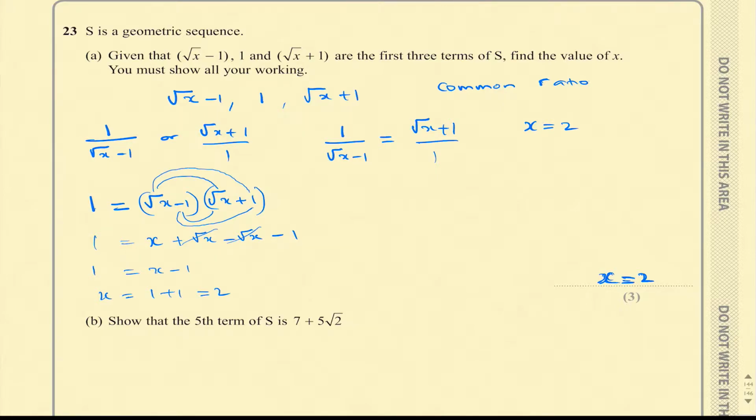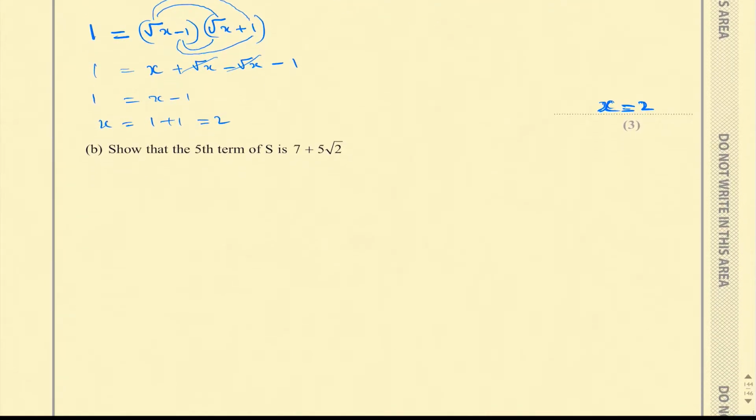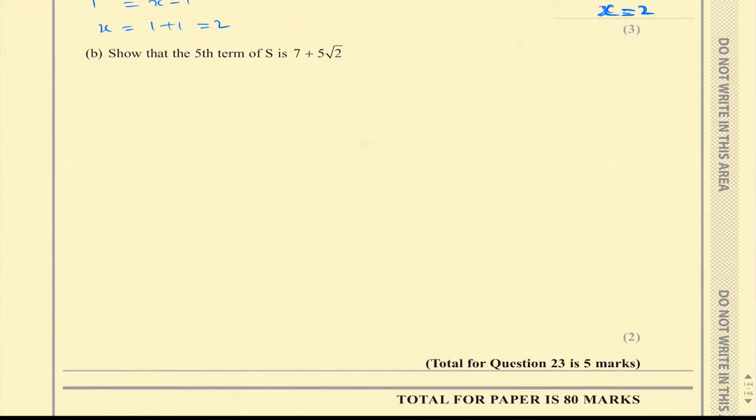Right. The b part. We need to show that the fifth term of s is 7 plus 5 root 2.